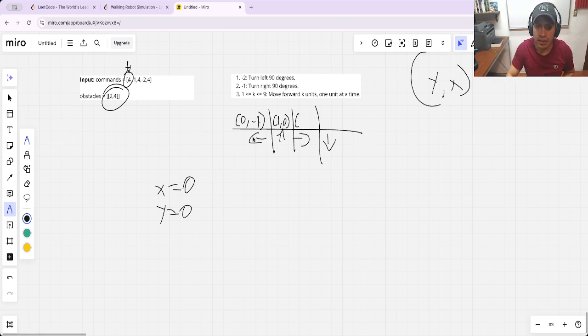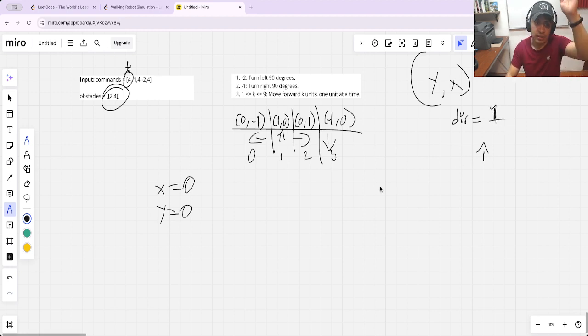For right it is 0 and 1, and for bottom it is -1 and 0. At the first moment we know we are looking north, so we can have a variable named direction, or dir, with the value of up, which is index 1 in this matrix. We are looking in this direction now.